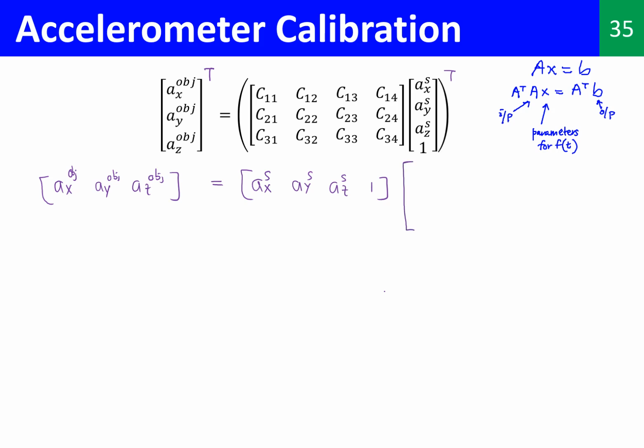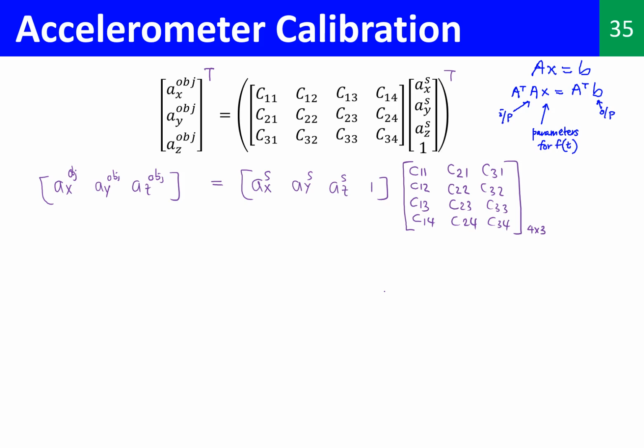So we would get C11, C12, C13, C14, our first column, then C21, C22, C23, and C24, and finally C31, C32, C33, C34. So this is a 4 by 3 matrix.